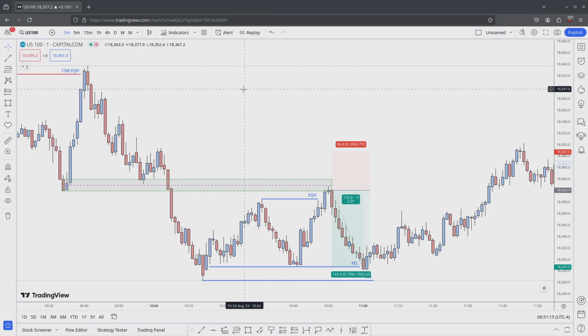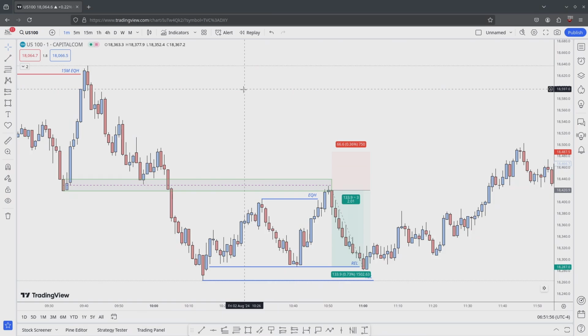Everybody uses fair value gaps, order blocks, breaker blocks, as well as inversions. But I have not seen one YouTuber out there make a specific model on taking the entry off of the mean threshold or the consequent encroachment.